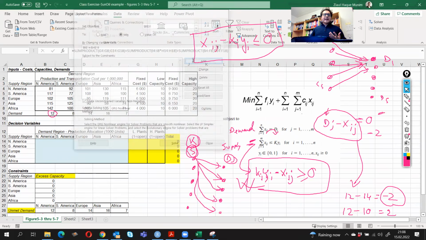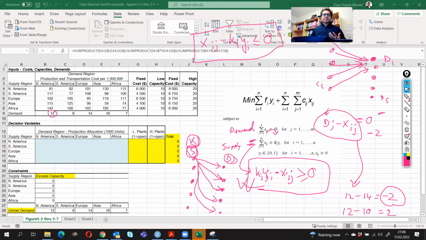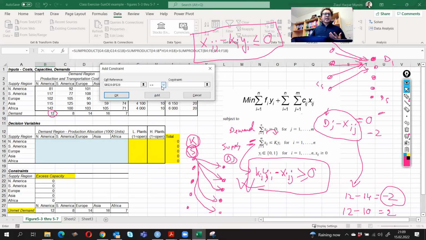So I'm going to click here, add. And here in the cell reference, I'm going to select these unmet demand cells. Okay. And I'm going to say they should be equal to 0. So I'm putting this one, dj minus xij, which we already defined here in unmet demand.